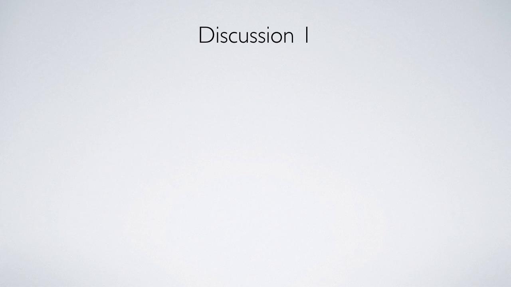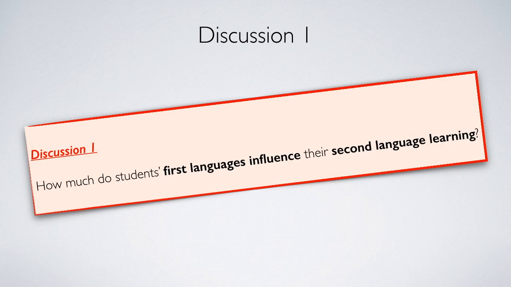I'd like to start with a short discussion again this week. Because we are looking at how we acquire our first languages and learn second and other languages, I'd like you to think about the following discussion topic. How much do students' first languages influence their second language learning?